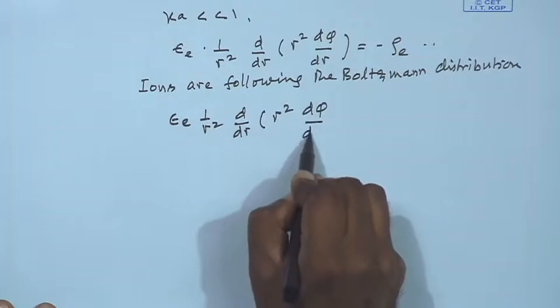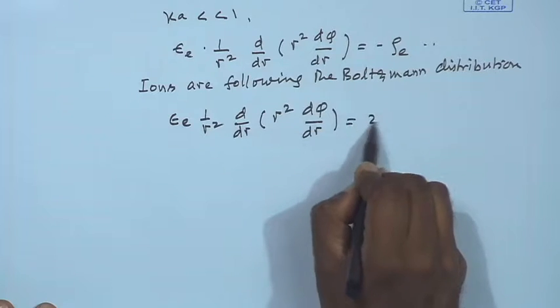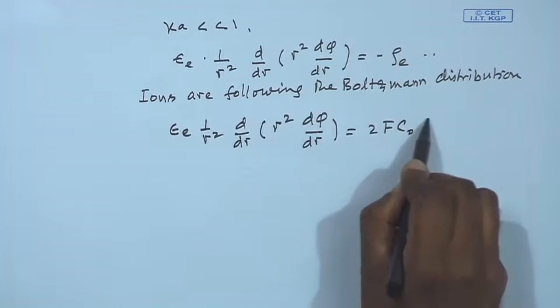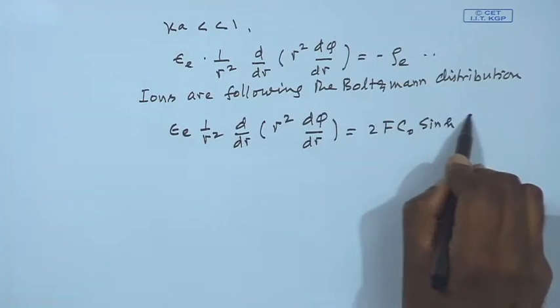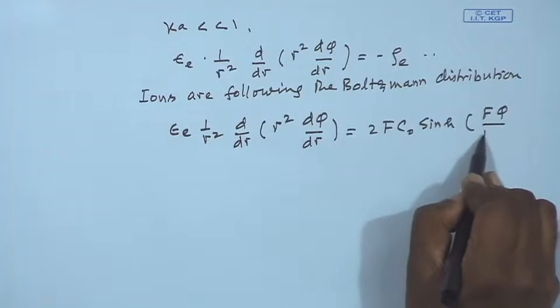So, I can straight away write this as 2 F c 0 sinh of F phi by R T.